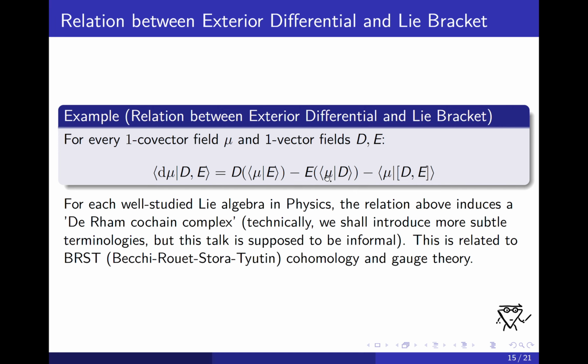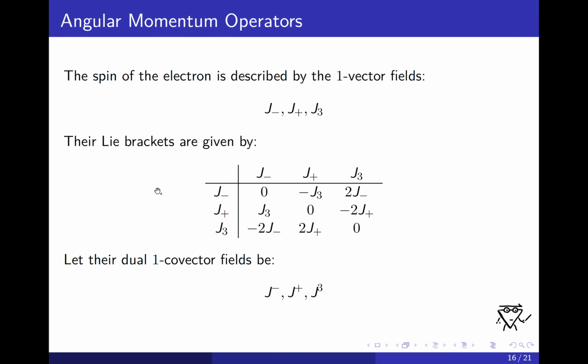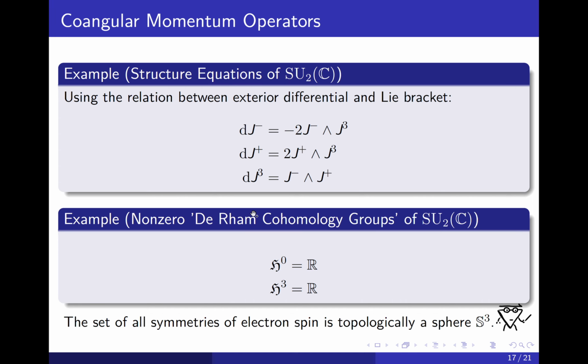This doesn't matter because if you differentiate a constant, you will get 0. So the first two terms are 0, and the only interesting term is negative the pairing of mu with the commutator. So you can use this table to compute the exterior differential of those covector fields. Using this, you can deduce the entire cochain complex.